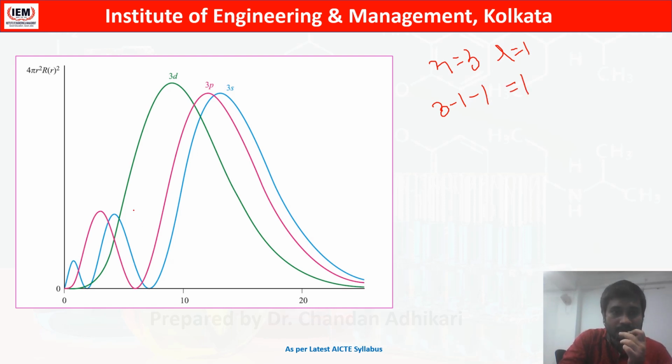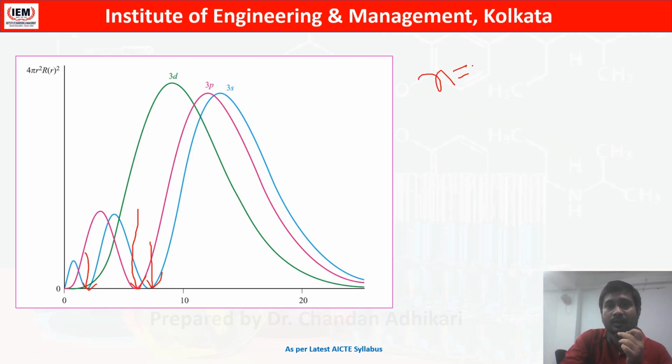As you can see, this is the node for the 3p orbital. One node only. For 3s there are two nodes, this one and this one, as we already discussed. And for 3d there is no node, there is only a single maximum, because for 3d we have already shown that n equals 3 and l equals 2, so it does not have any nodes.